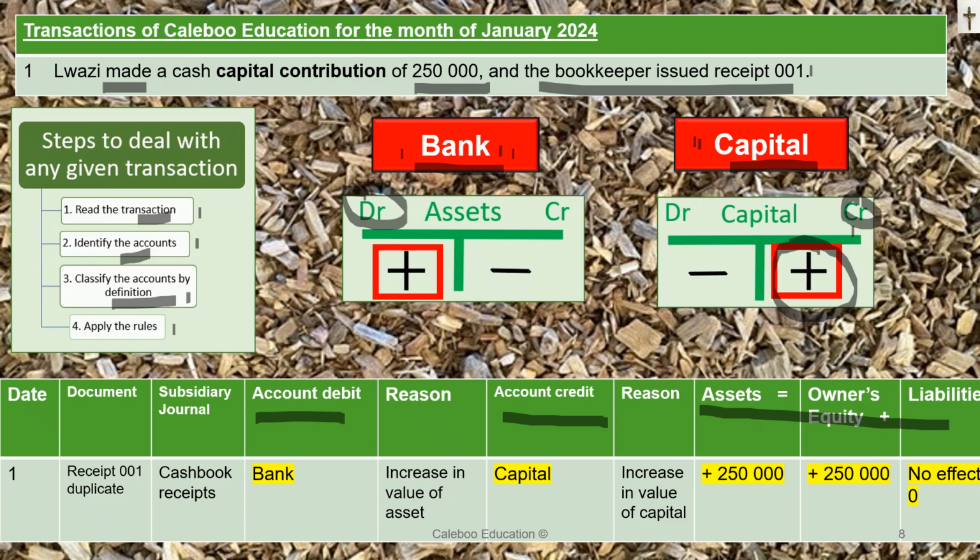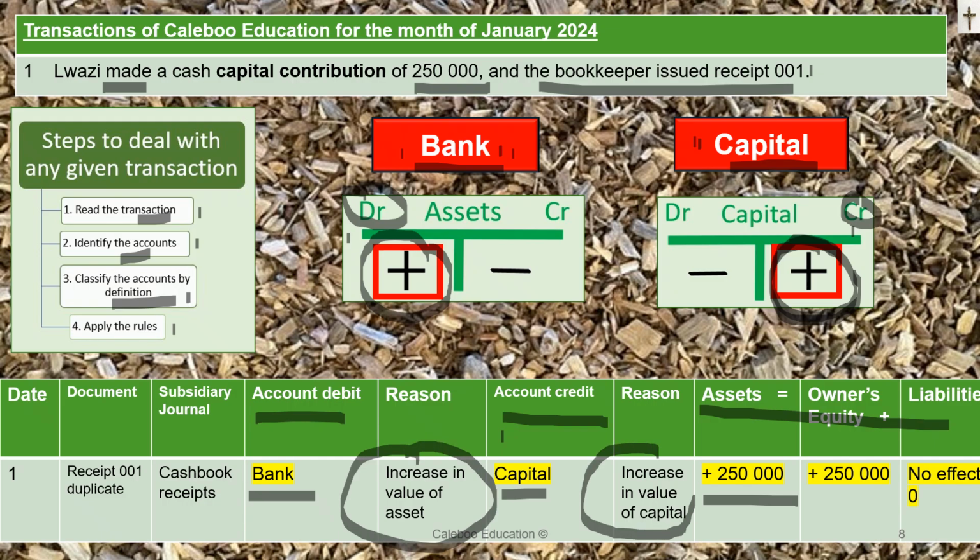The account debit is bank. Why? Increase in assets, the rule says debit. The account credit is capital. Increase in capital, the account gets credited. What happens to the AOL? Our assets increased by 250,000 and owner's equity increased by 250,000, because what affects owner's equity?